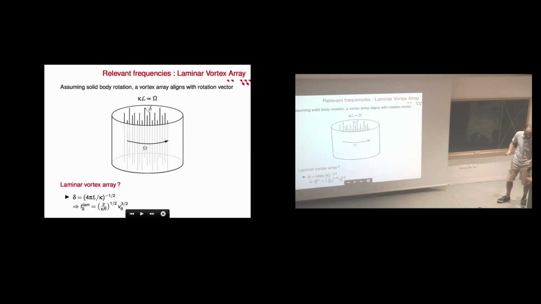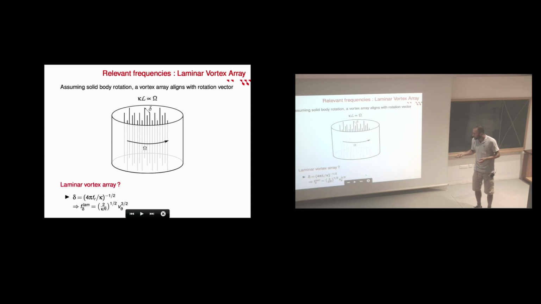Then we thought about what if vortices pass on the wire. In the laminar situation, in solid body rotation, we would expect something like a vertical vortex array with a distance that depends on the inverse of the square root of the rotation frequency, giving rise to a frequency of the bump that would go as the power 1.5.